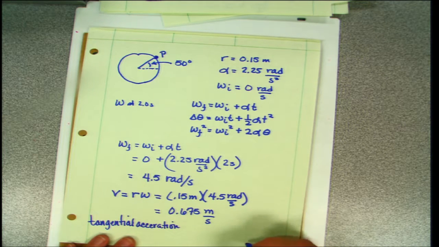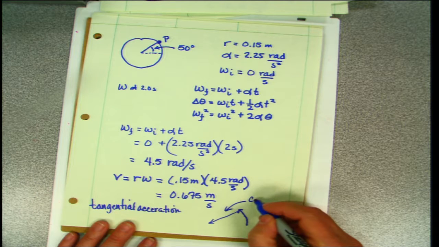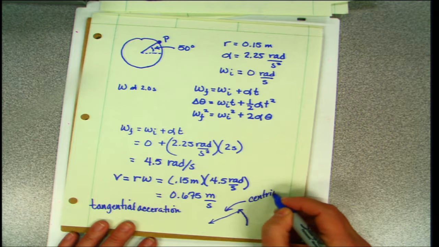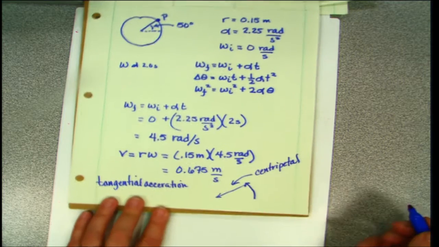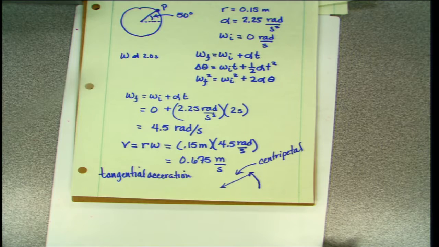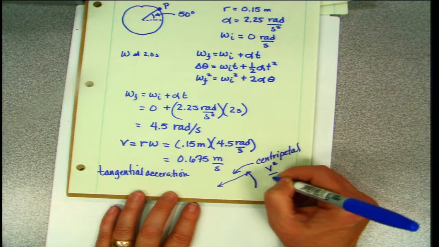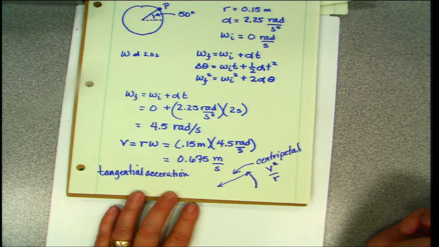The centripetal acceleration. Better, thanks. And we saw that that was v squared over r. So my centripetal acceleration is v squared over r. My tangential acceleration is this one: a tangent is equal to r alpha. That's my tangential acceleration. This is my centripetal acceleration, and that's a c.